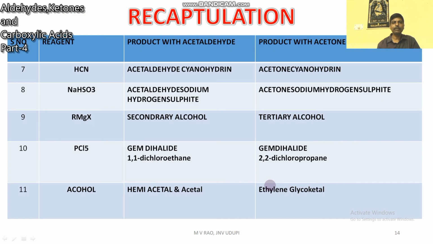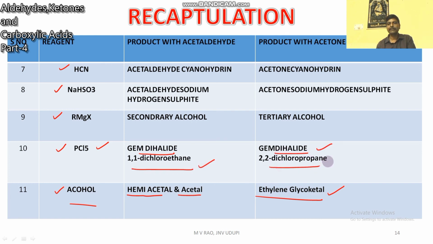So these are nucleophilic addition reactions: addition with HCN, NaHSO3, Grignard reagent, PCl5, alcohol. With alcohol, hemiacetal and acetal. With ethylene glycol, ethylene glycol ketal. With PCl5, gem dihalides come, that means two halogens on the same carbon.